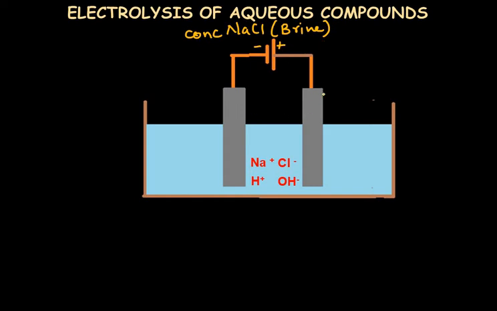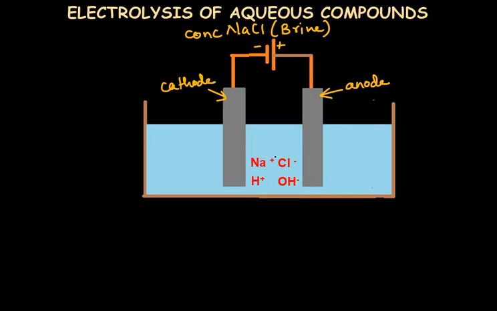As we have already seen in our earlier video, the positively charged electrode is the anode where the anions will get discharged, and the negatively charged electrode is the cathode where the cations will get discharged. In concentrated aqueous NaCl, we have 4 ions, 2 cations and 2 anions: the sodium ion, the hydrogen ion, the chloride ion and the hydroxide ion.